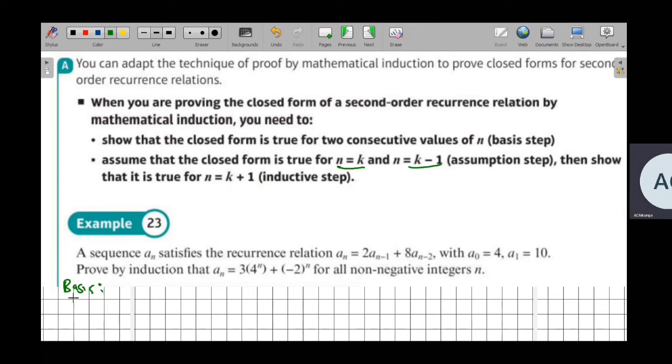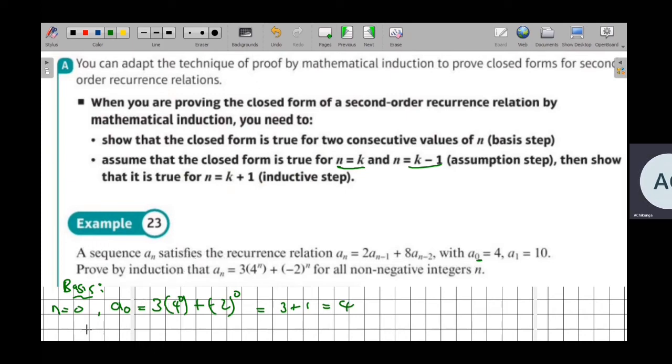So your basis: you start with n is 0 because we've got 0 here. It's not u here, it's a. a_0 is going to be 3 times 4 to the power of 0 minus 2 to the power of 0, which is 3 plus 1, which is 4. That's true.